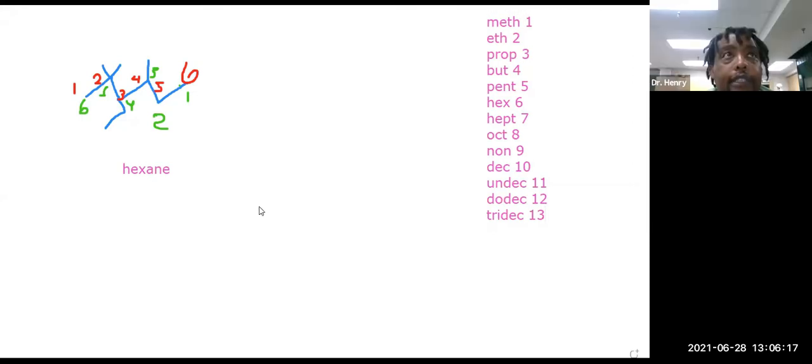Okay, any suggestions? So what do we have here? Let me circle it. What are these on the second carbon?